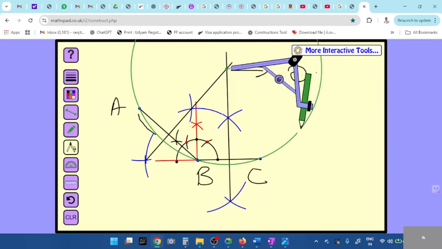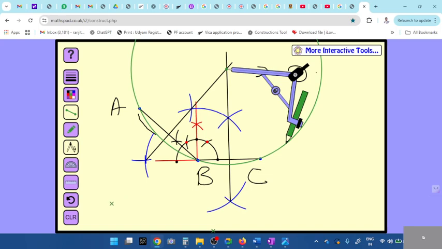Okay, this is going outside the box, but this is the answer. You get a circumcircle. You get a big circumcircle like this.